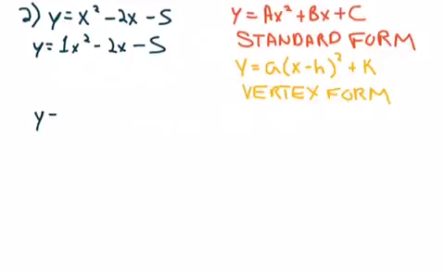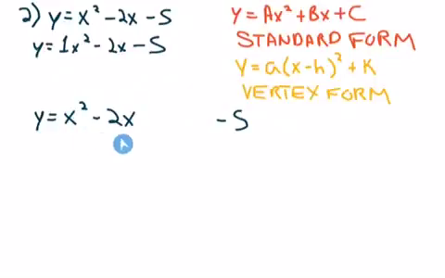So we get y is equal to x squared minus 2x, I introduce my gap, I'm just going to leave a space between this negative 2x and the negative 5.